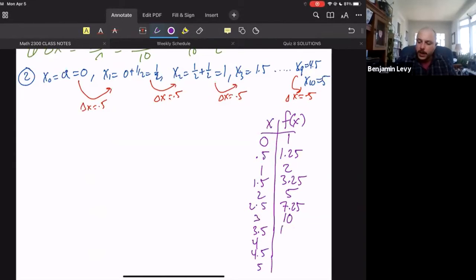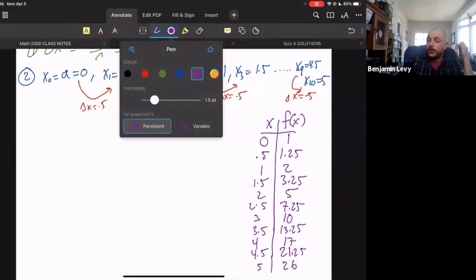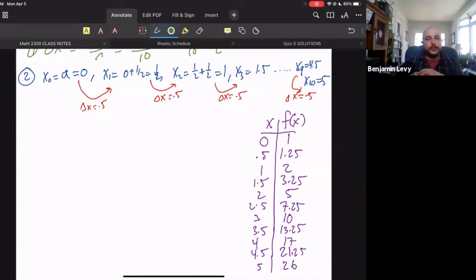This right-hand column that we're writing down right now, I obtained by plugging the x values into the function. I'm going to be real tedious about this one example because I want it to be totally complete when you're looking at it later. The third step is to do the two formulas. That'll be step 3.